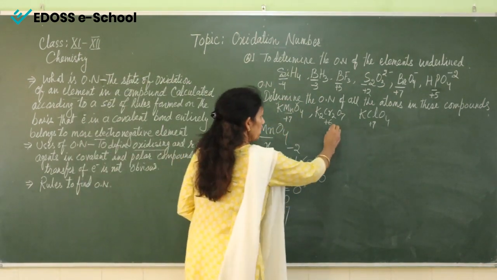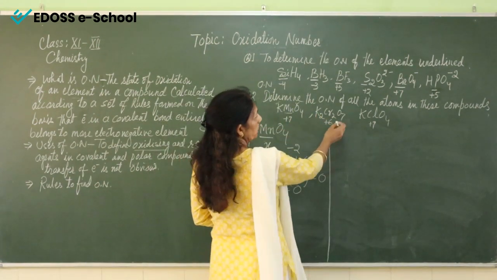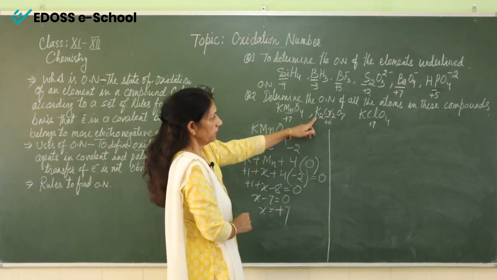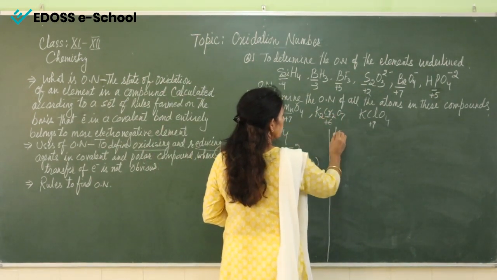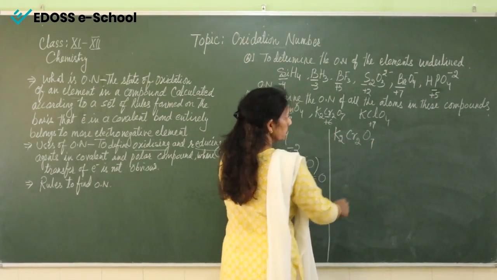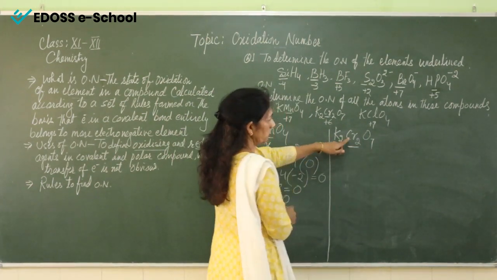Now in the same way, this is potassium dichromate. If you have to find the oxidation number of chromium, how will we do it? We will write K2Cr2O7, and we have to find the oxidation number of chromium.